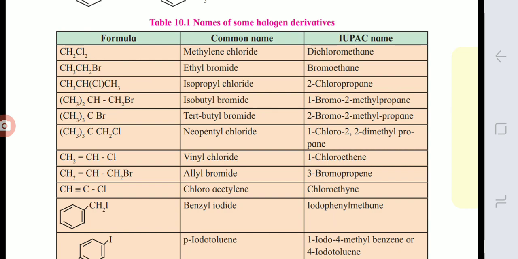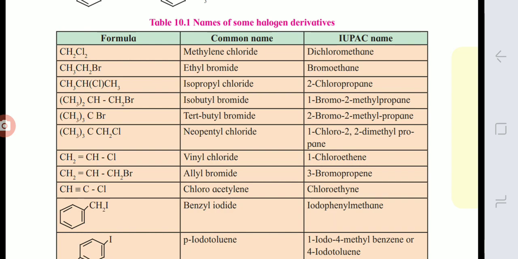Then the next compound, the parent compound is propane, and we replace the hydrogen from the middle CH2 carbon of propane. So write down the numbering from any side. The middle carbon is carbon number 2. So while writing the IUPAC name, the chlorine is present on the second carbon.